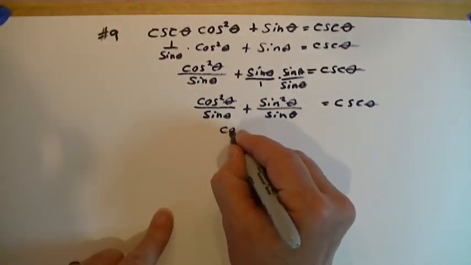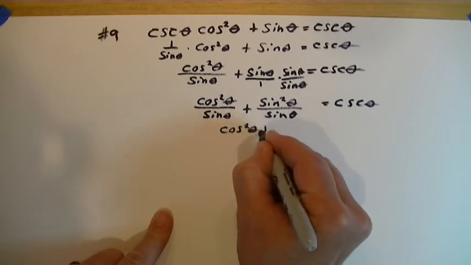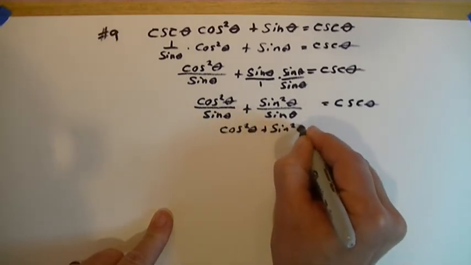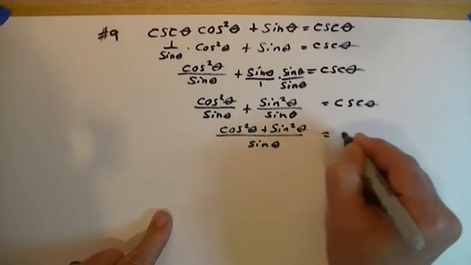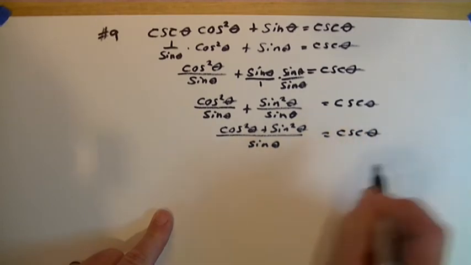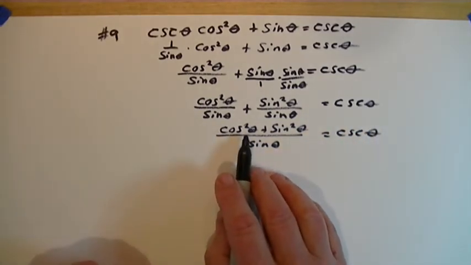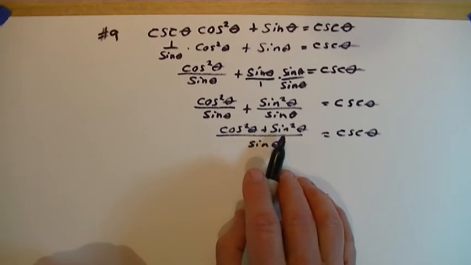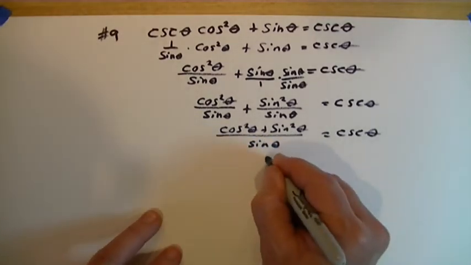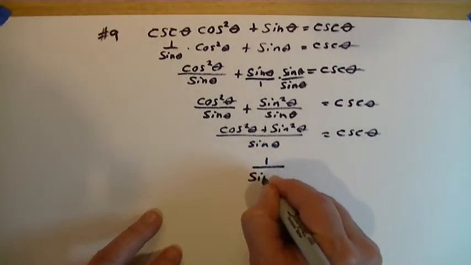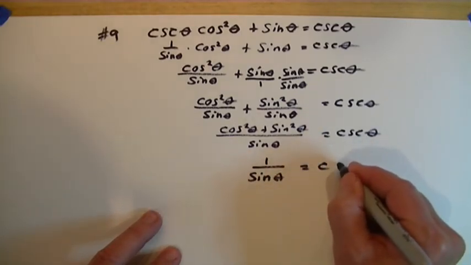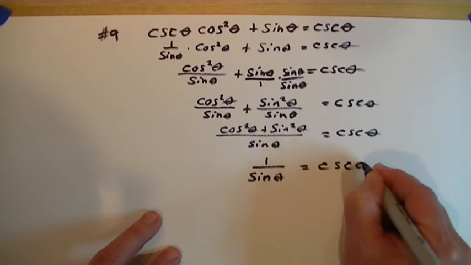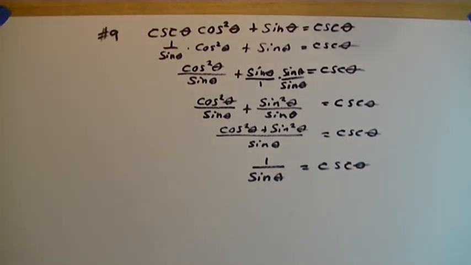So I get cosine squared theta plus sine squared theta. And we know from our Pythagorean identity that cosine squared theta plus sine squared theta is really just 1. And we know that 1 over sine is cosecant.